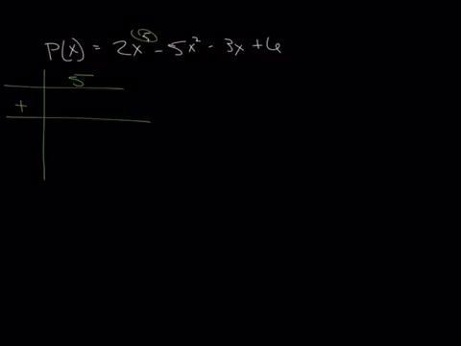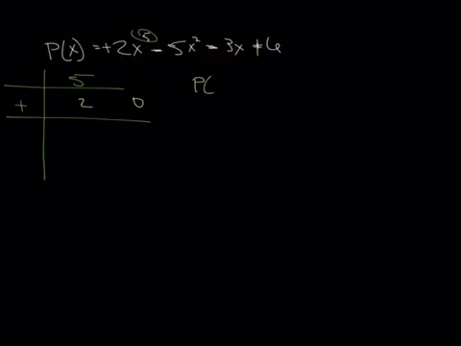We have a positive there, a negative here, a negative here, and a positive here. So we have a variation of sign: it changes sign there, does not change sign here, but it changes sign there. So the possible positive real numbers are 2 and 0. Remember, you subtract 2 from the number, and those are your possible options.